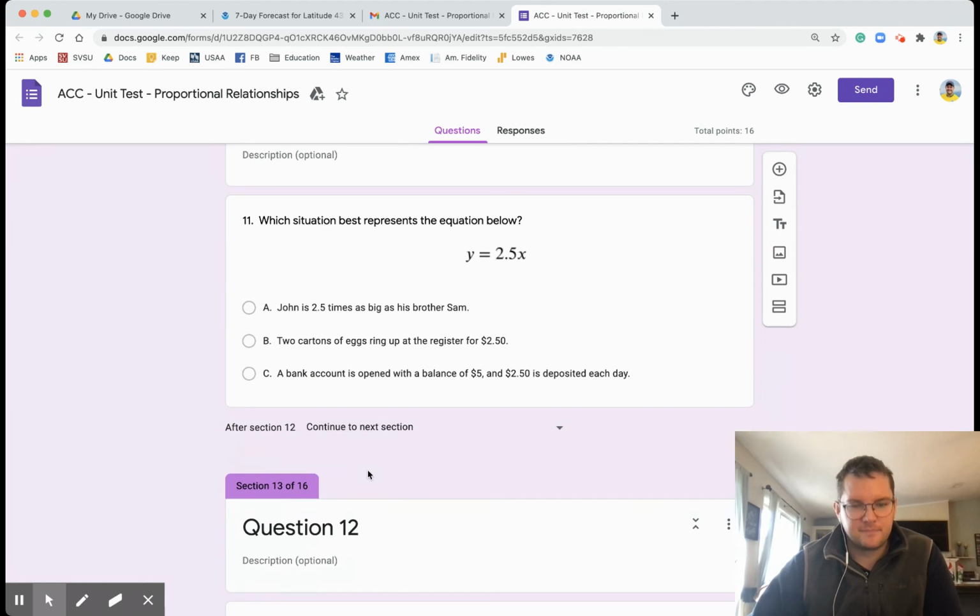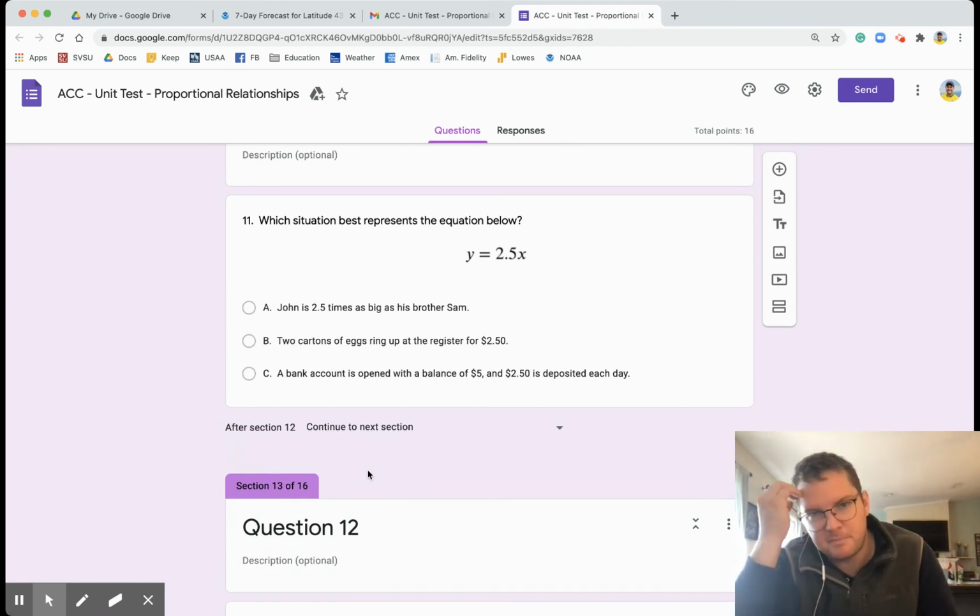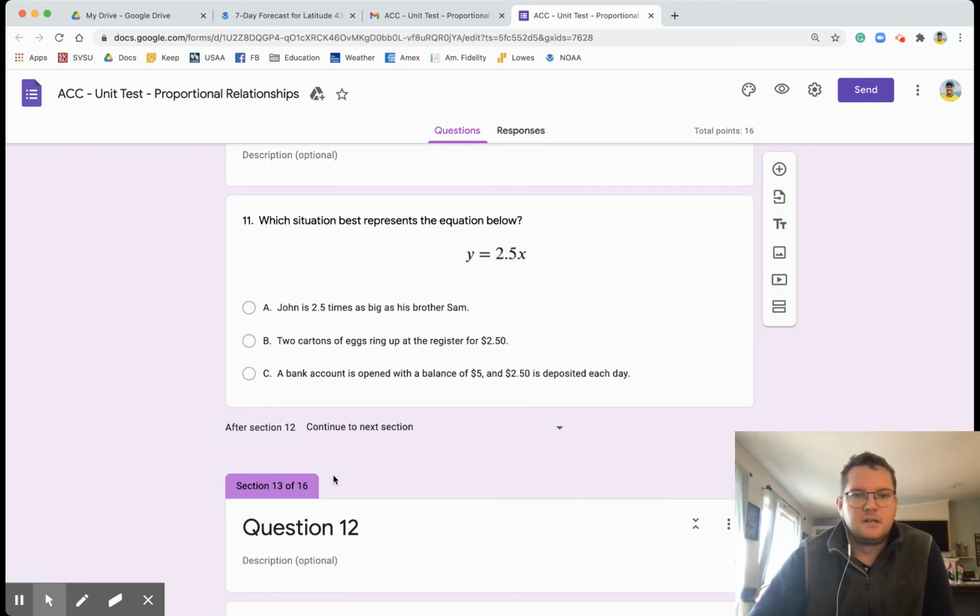11. All right. Which situation best represents the equation below? So you're looking at the equation y equals 2.5x. So John is 2.5 times as big as his brother Sam. Could be.